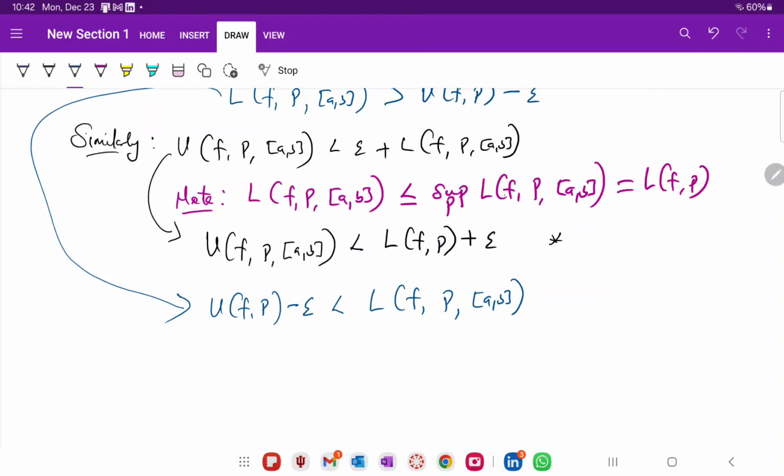If we take the addition of these, this is less than this.